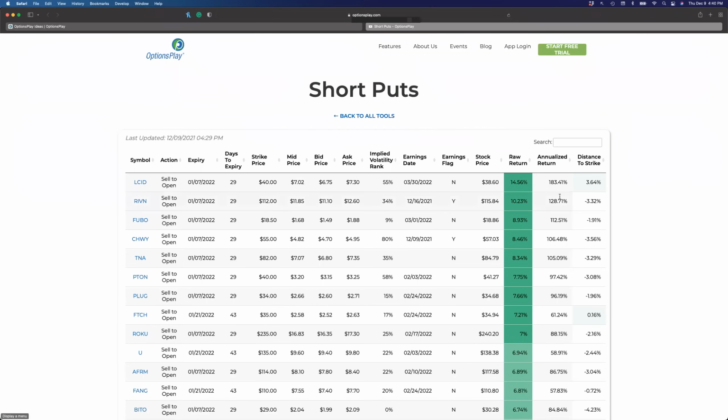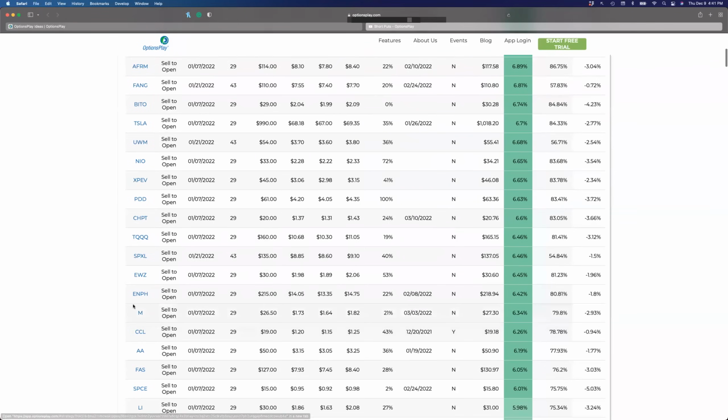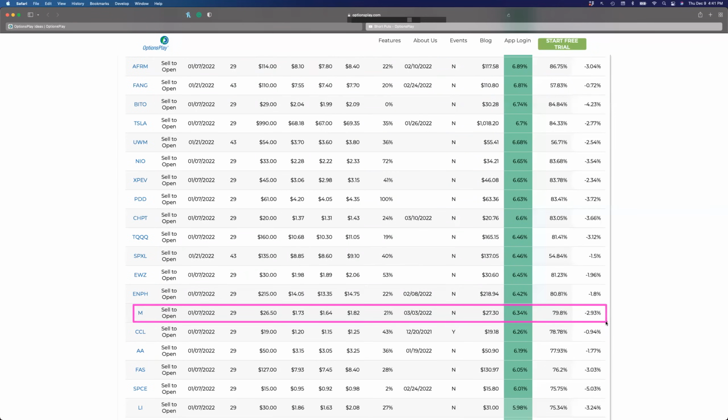So what I typically like to do is simply go down the list or simply search for stocks that I want to purchase. So I was looking down the list and Macy's came up for me. And what I found here was the January 7th, 26.5 put options that were collecting $1.73.